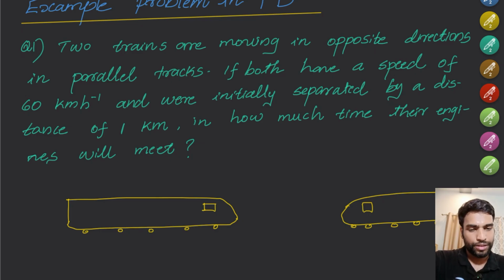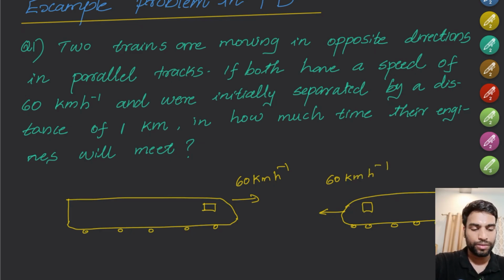Let's draw a simple picture for it. The first train is moving with 60 kilometer per hour forward, and the second train is moving with 60 kilometer per hour backward.